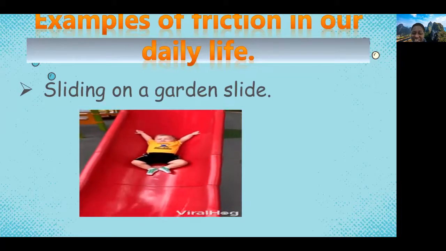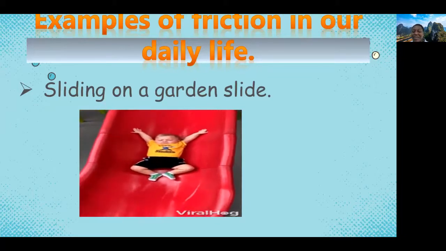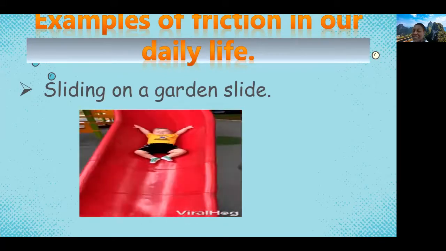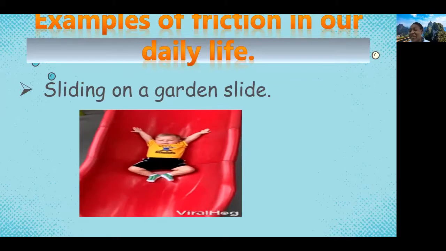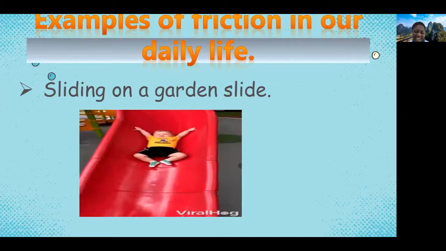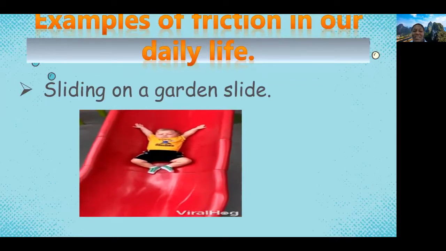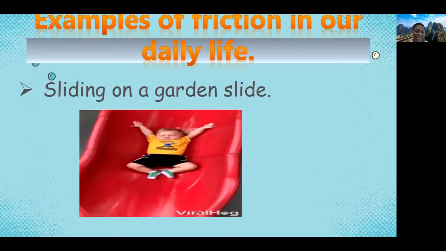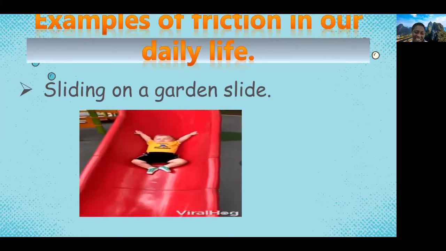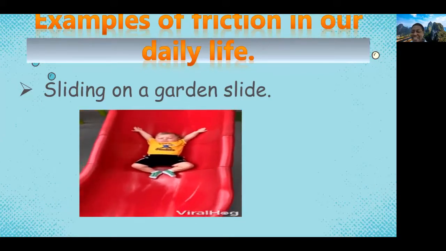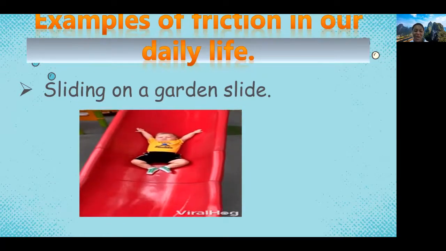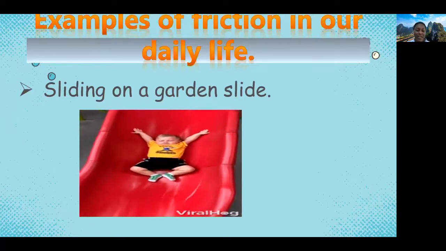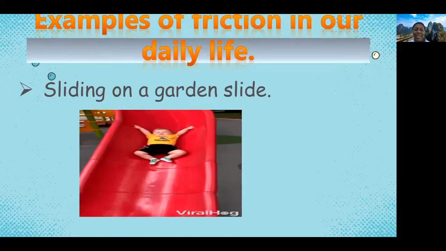I just wanted to show you an example. I know when you are on a slide, you go very fast, but mine is very slow, but don't worry. I wanted to show you an example of sliding. It's funny. Oh, yeah, it is funny. In a slide, someone is going very slow. But I wanted to show you just an example, sliding on a garden slide.